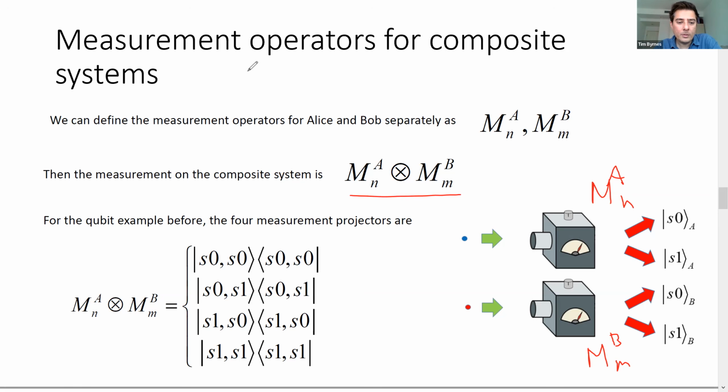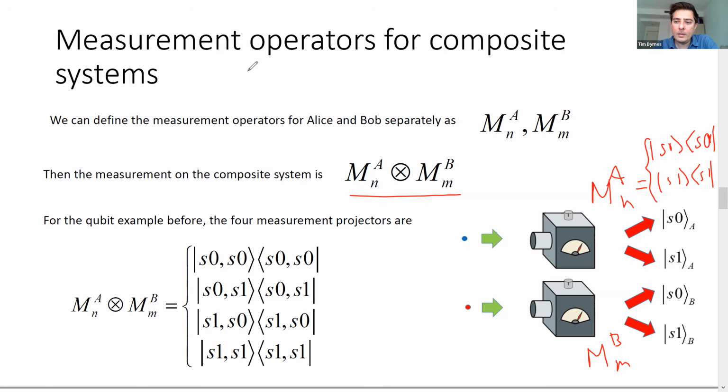So when we have the measurement operators, remember in the case of just Alice, the 2 measurement operators were either S0 or S1, right? So that was the case for Alice, and something similar for Bob.